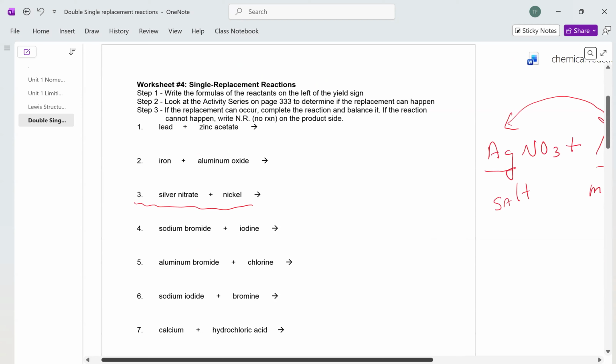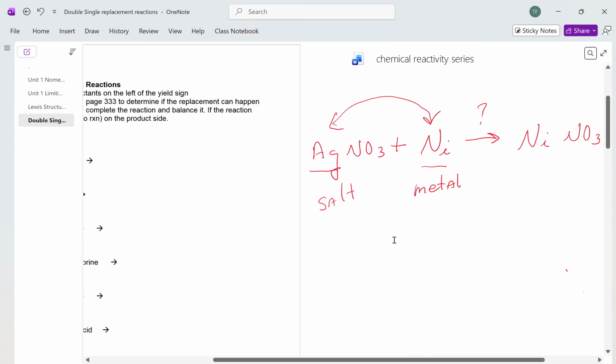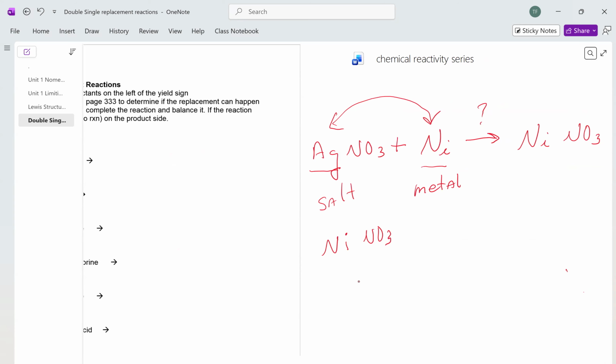so if we swap places on these, let's say we started with nickel nitrate, put these in parentheses, plus silver.